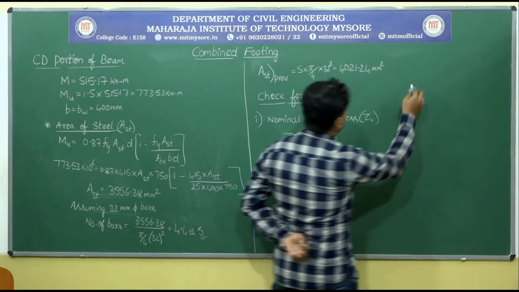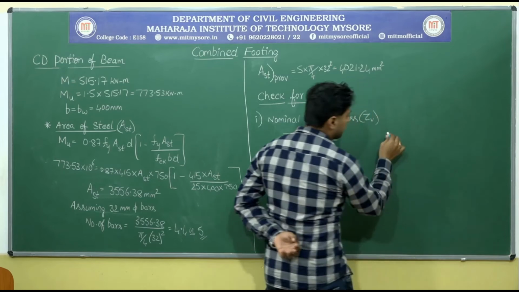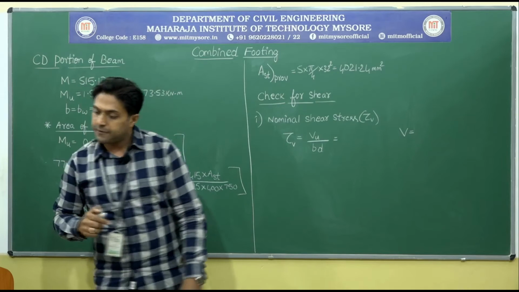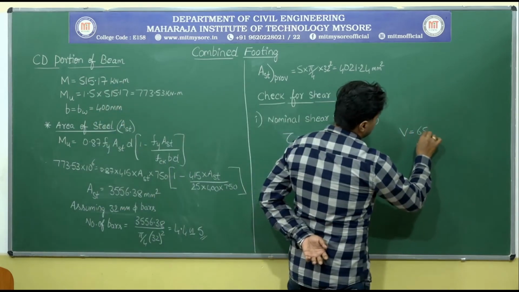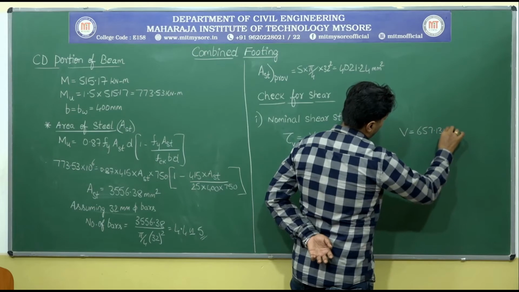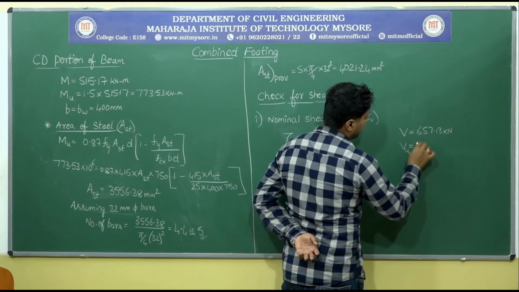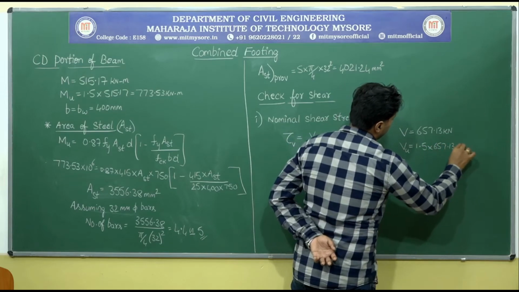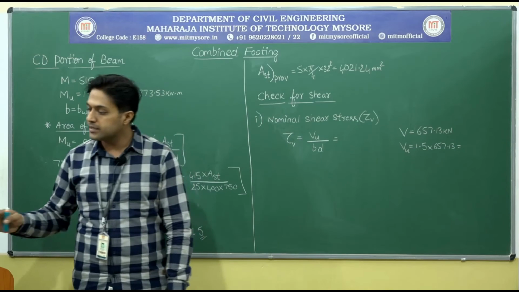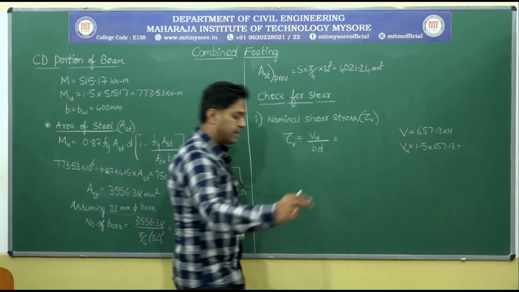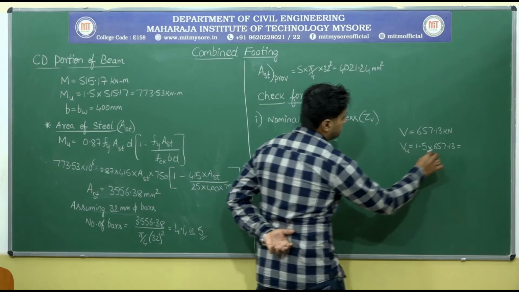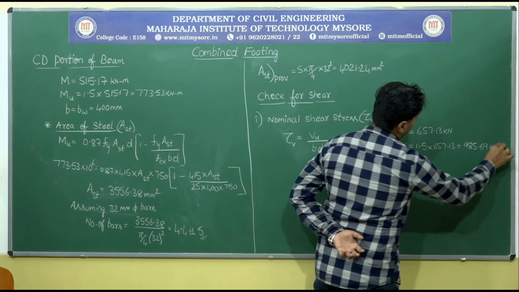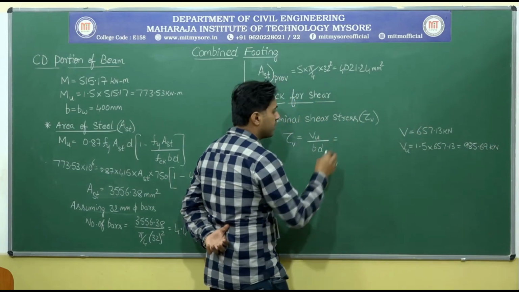So the shear force value, V, is 657.13 kilonewton, but I am doing the design, so multiply it by 1.5 into 657.13. The value that we are left with is 985.69 kilonewton.